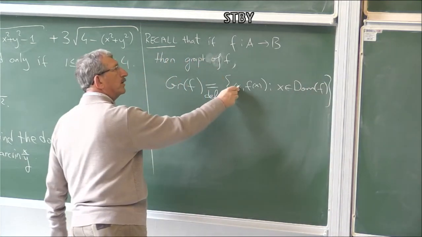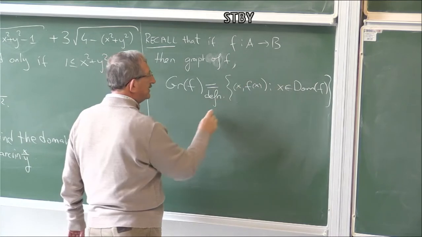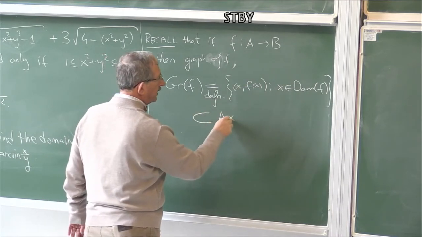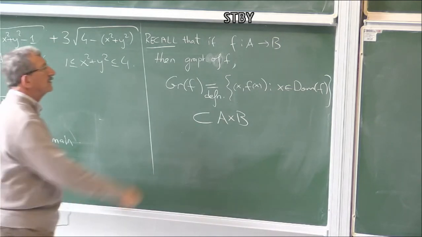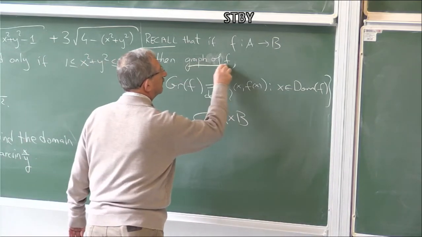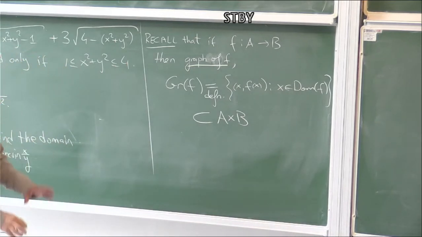The first one is in A, the second one is in B, so the whole thing is in A cross B. This is the standard general definition of the graph of any function.